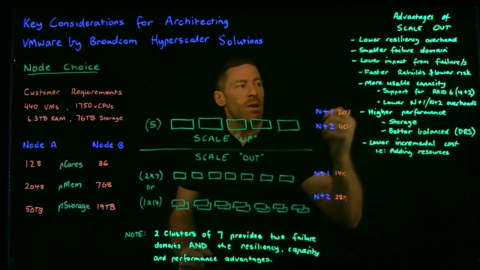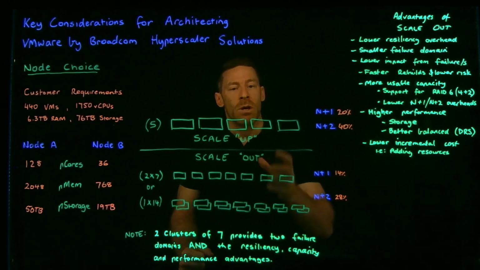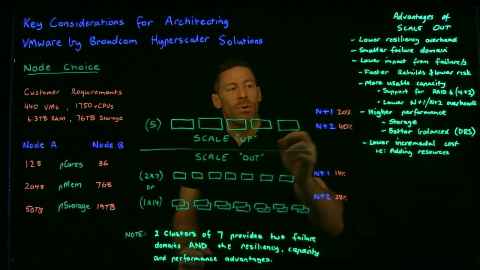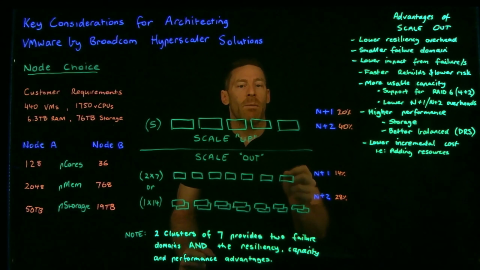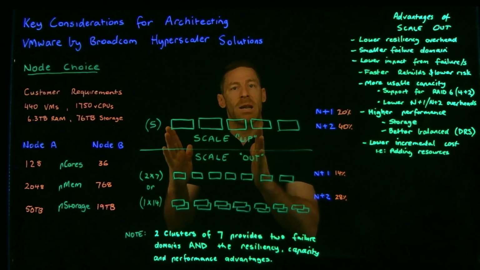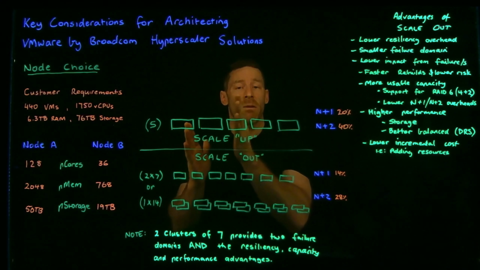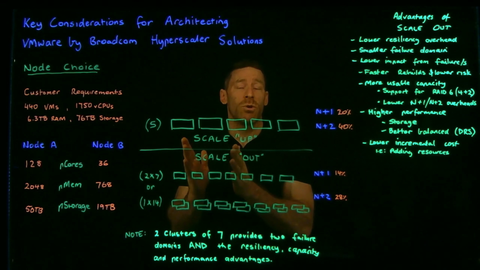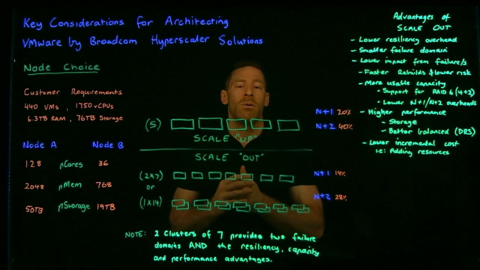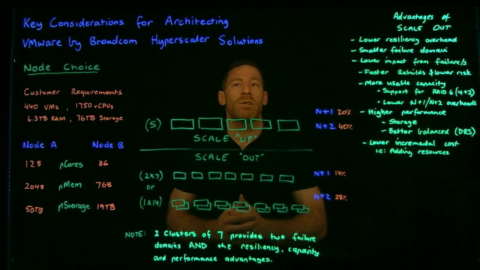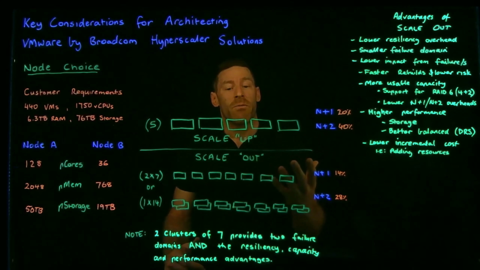So we also have more usable capacity. So obviously in our scale up example, if we're reserving 20% for n+1, we're only using 80%, which can then be chopped up into, for example, 2 if we're using FTT1, or chopped up into 3 if we're using FTT2 for an n+2 configuration. So that's pretty inefficient.